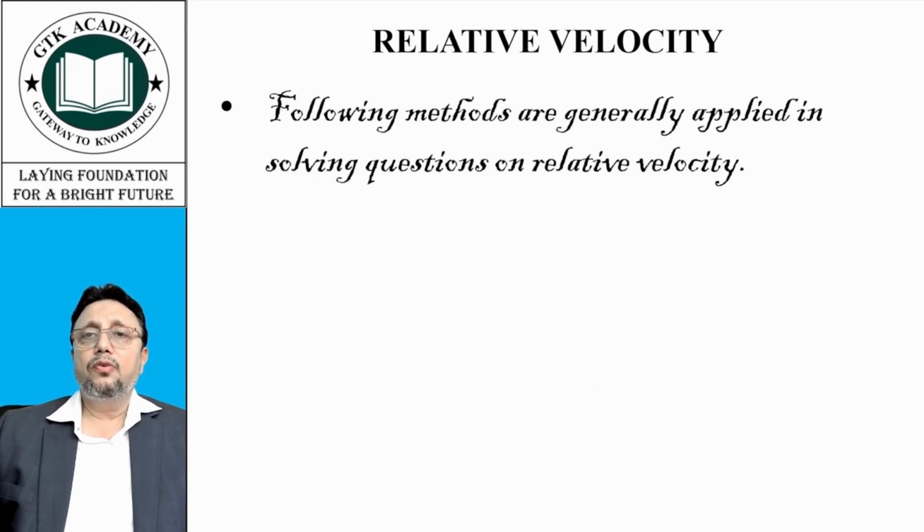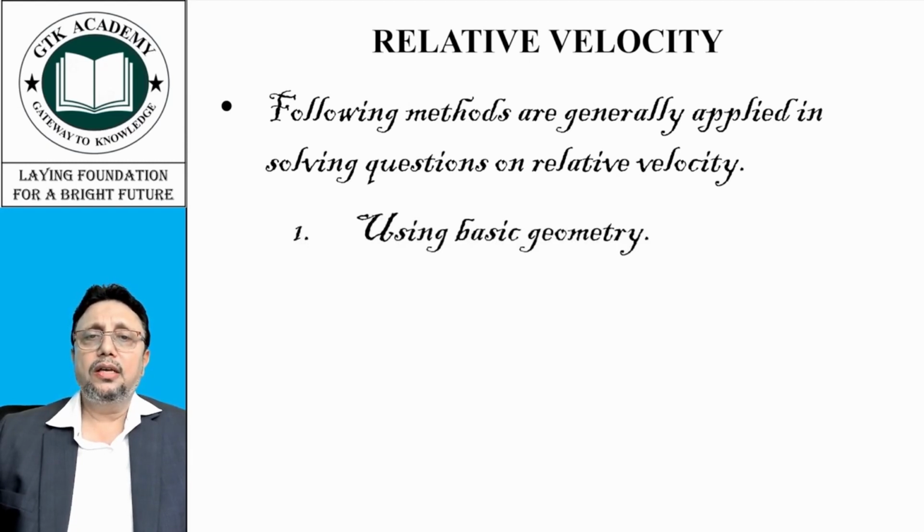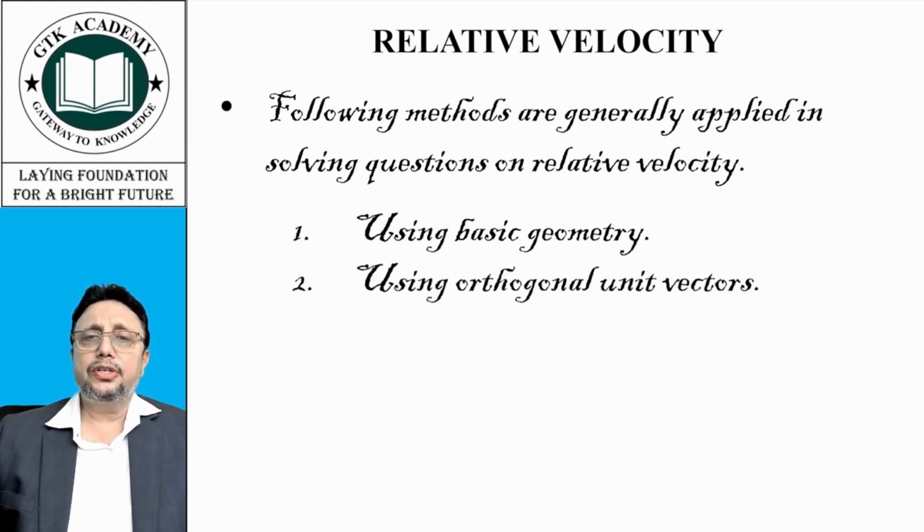Now, when we solve the problems of relative velocity, we can use one or two very common methods. One is we can solve them using basic geometry, or we can also take the help of orthogonal unit vectors, in this case I and j.